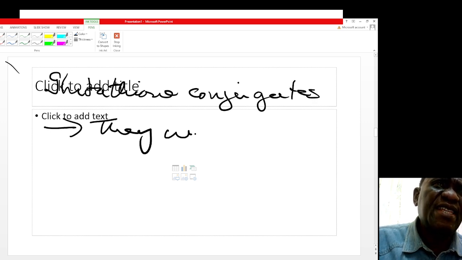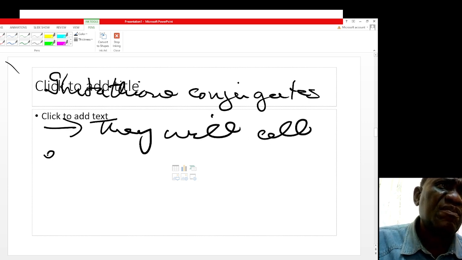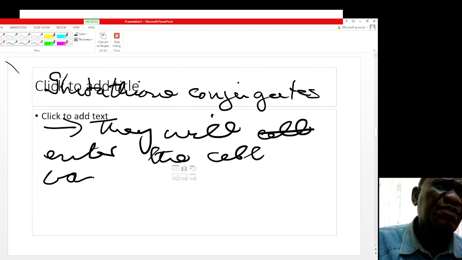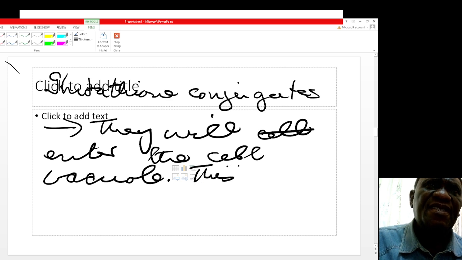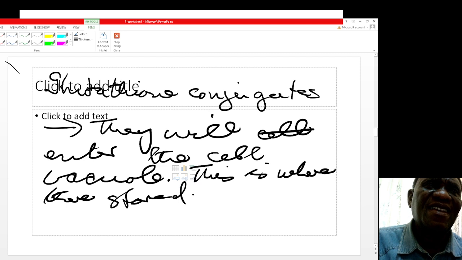They will enter the cell vacuole. This is where they are stored, stored safely.